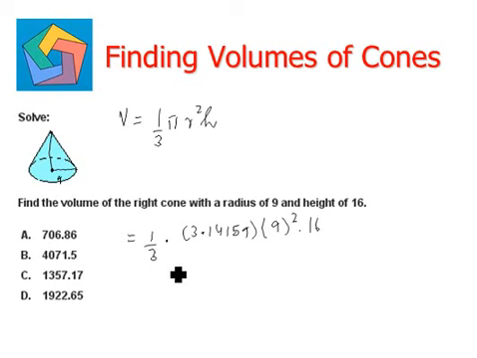So this is again written as 1/3 times 3.14159. 9 squared is 81, that is 9 times 9 times 16.